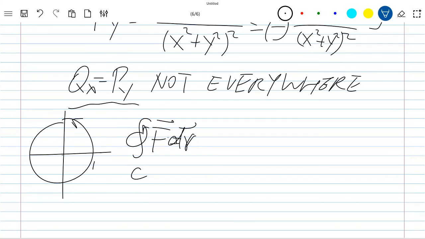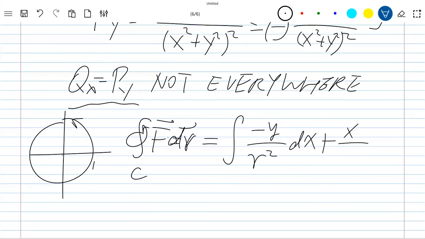But if you do it directly, you will see what it is. So let's just do it. What is it? Negative y over r squared dx plus x over r squared dy.